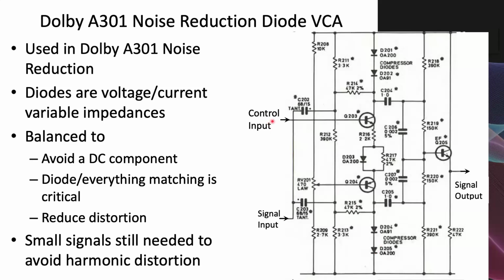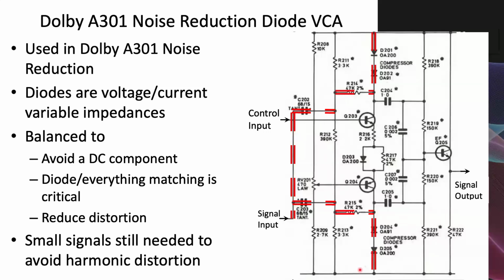But essentially the control input here varies the current through both these diodes, and the input signal is again fed to a resistor there. This forms the attenuator leg, and likewise this one forms another attenuator.